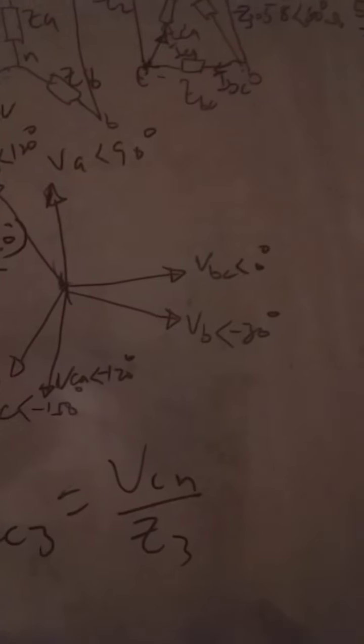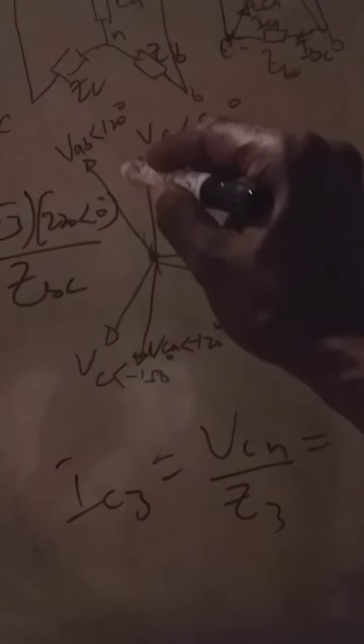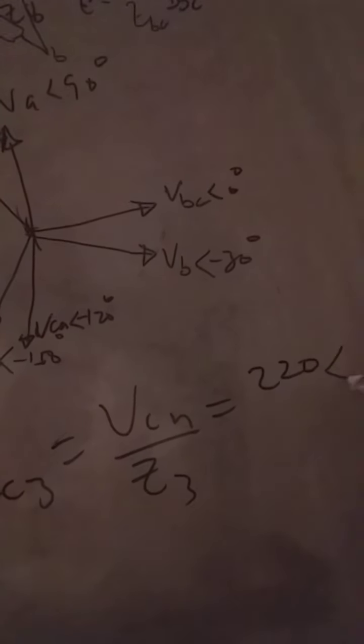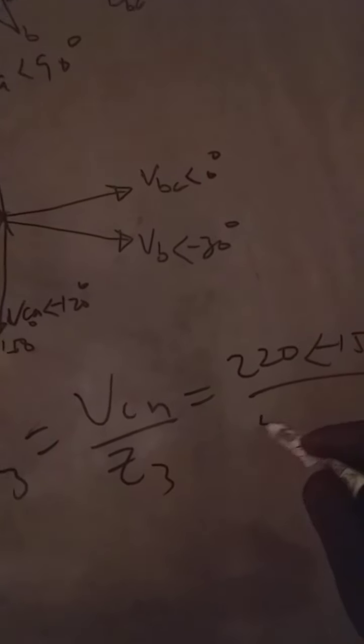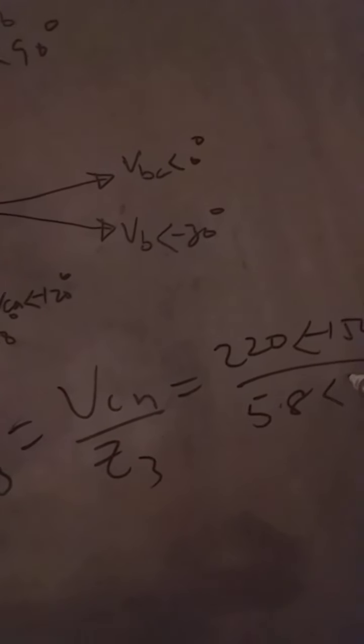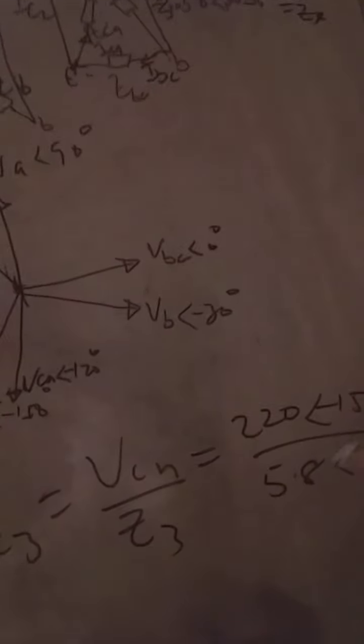So IC3 is VCN divided by Z3. Your VCN is at angle minus 150. That is 220 at angle minus 150 degrees divided by Z3, which is 5.8 at angle 60 degrees. So that will give you your IC3.